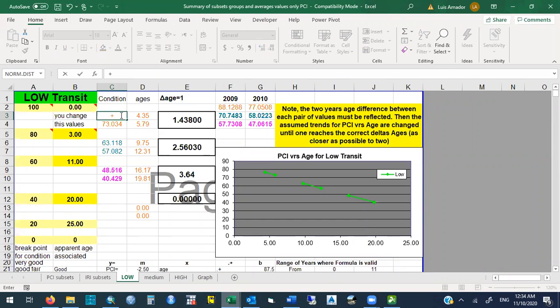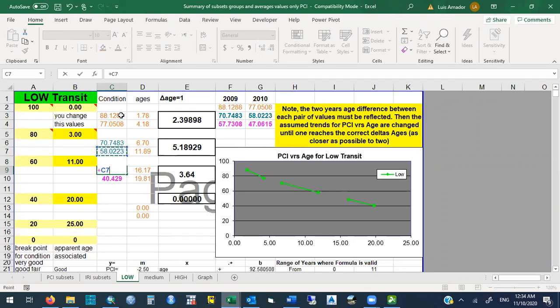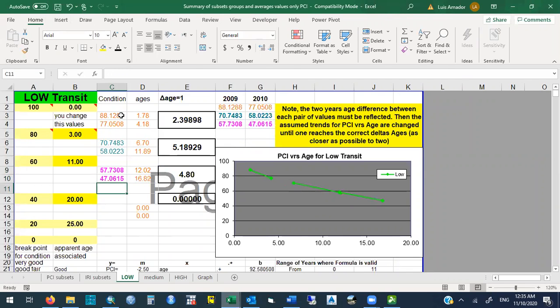So this has to be this one. This has to be this one. This has to be this one. This has to be this one. And this has to be this one. Okay, so now I need 1 year. Oh my, I'm in trouble.